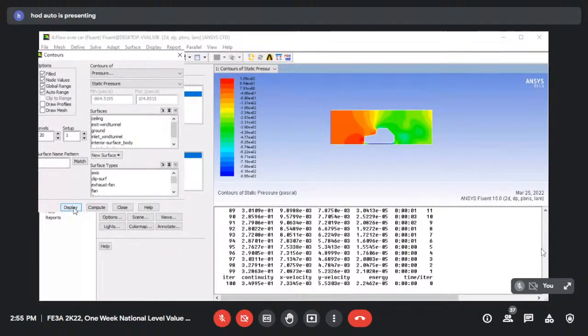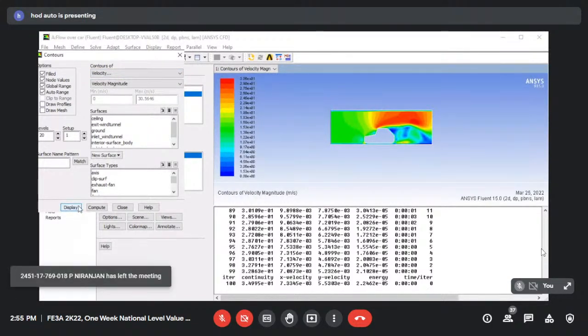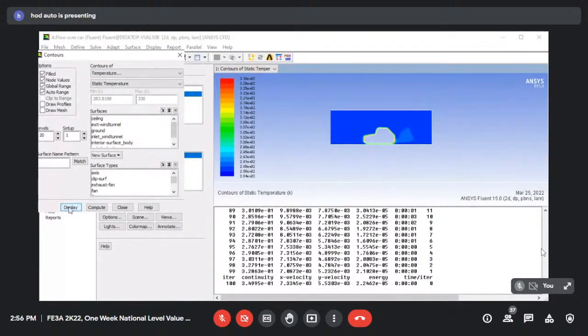Those are contours of your pressure. Look at it. These are contours of your velocity. That's a contour where you're observing temperature.